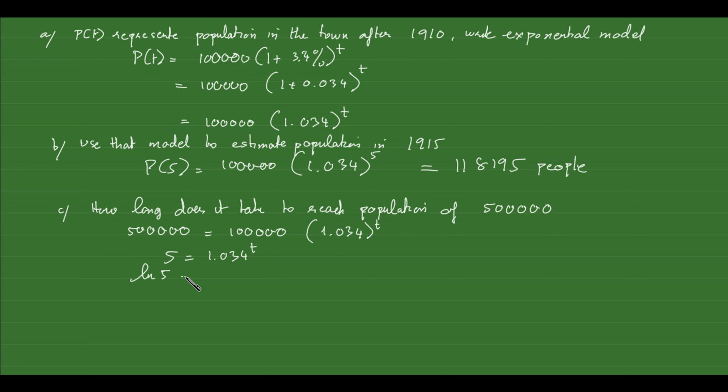We're going to do ln 5 and ln of 1.034 raised to the t. So we're going to calculate both of them. So ln 5 will be 1.609, and ln of 1.034 will be 0.0334 t. And now we can solve for t.